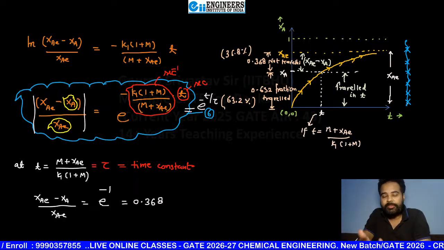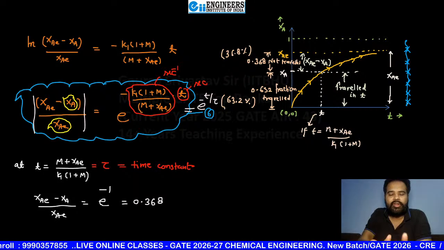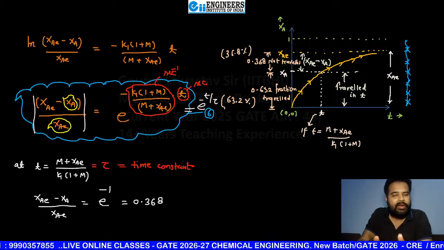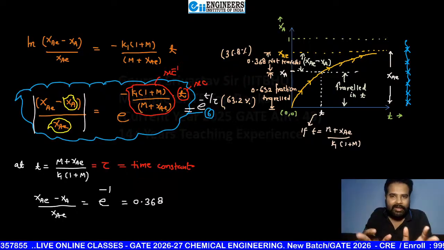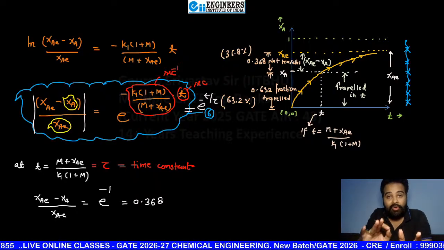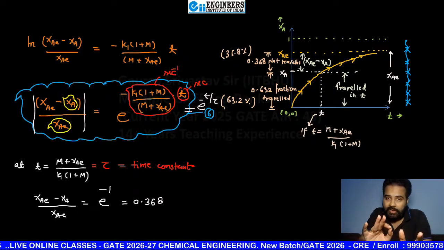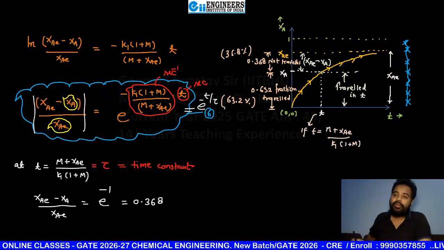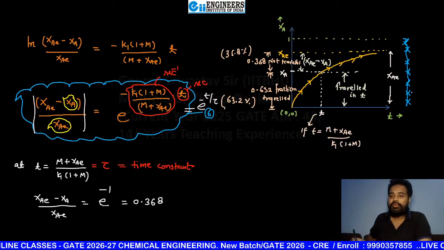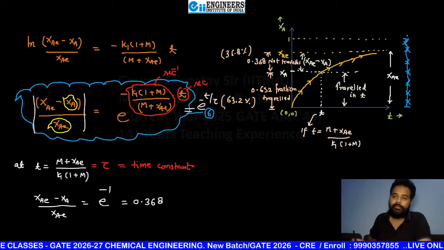Here again a new concept is required. As I told you, these things are not available even in Octave and Fogler. So this is just a simple basic thing that I am discussing here, beta. So please focus. If any doubt, just ask me immediately. You can't complete this path.